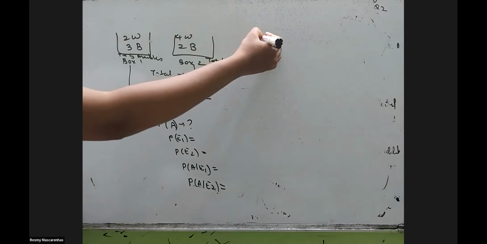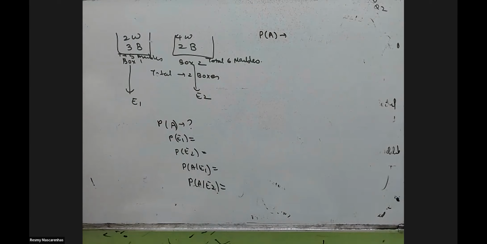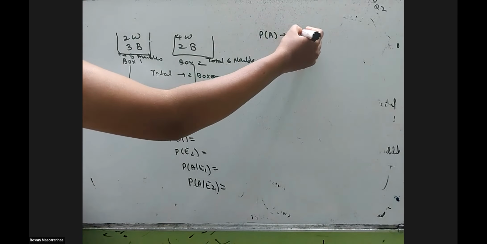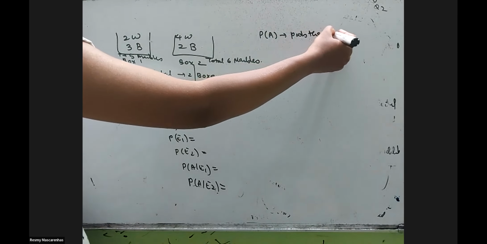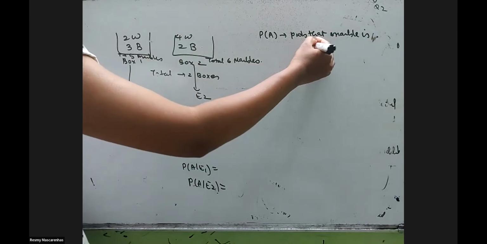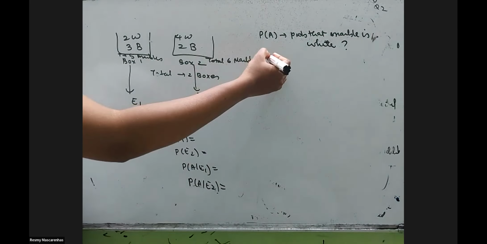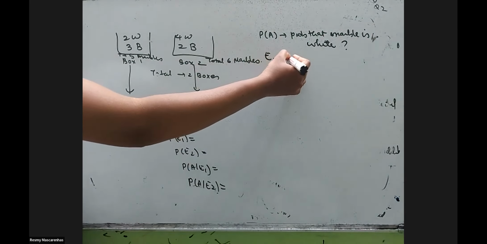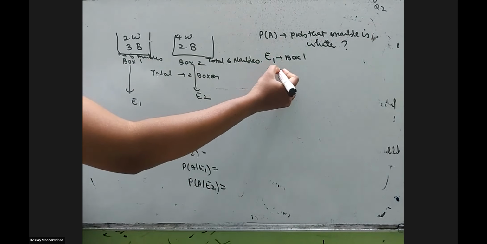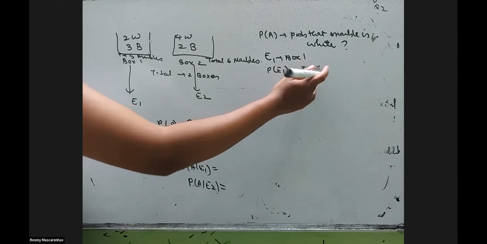Now P of A is the main event. What is being asked is the probability that a marble is white. This is the main question. This we have to calculate. Now what is E1? E1 is for box 1, the probability that box 1 is selected.